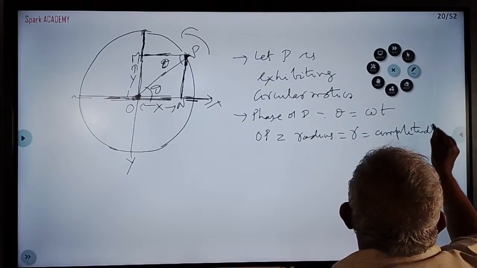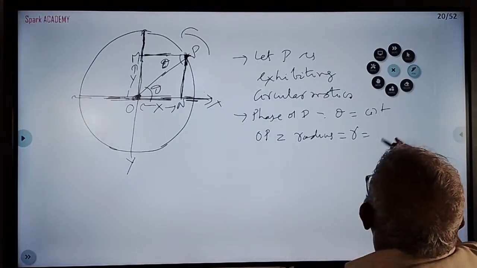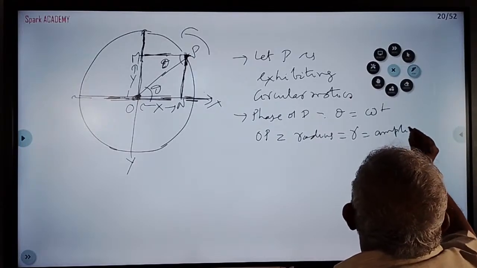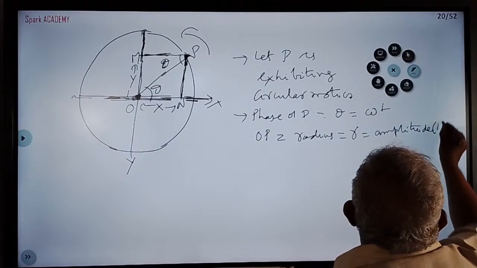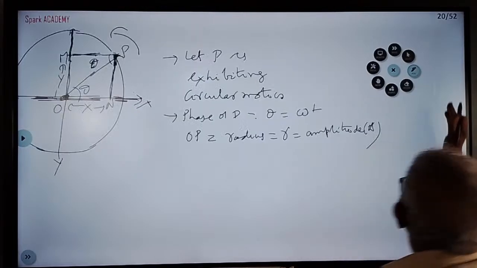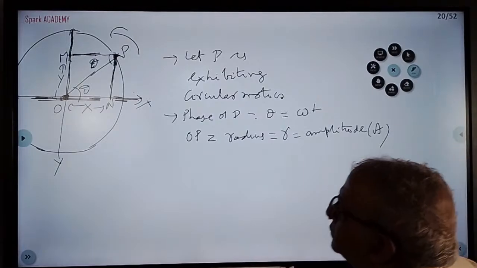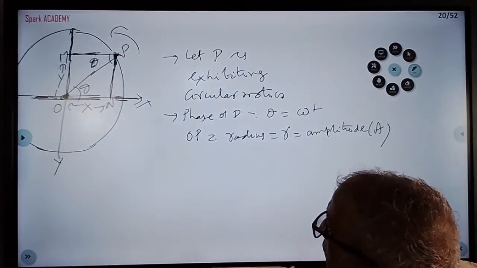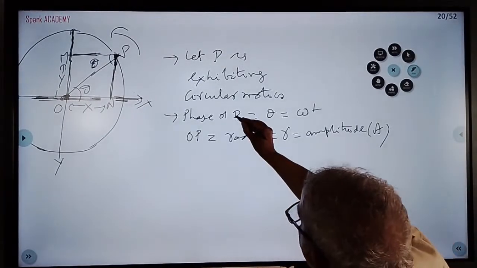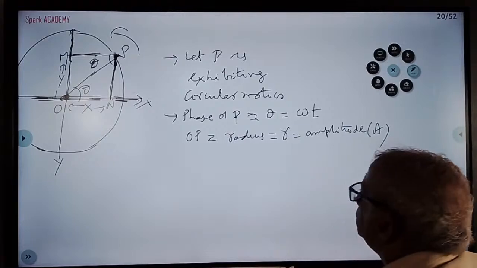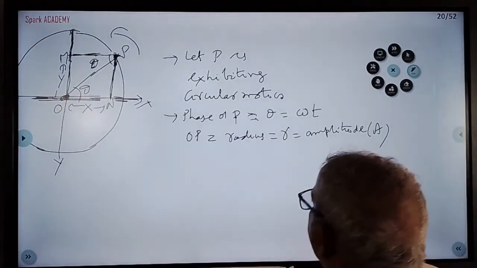Amplitude means maximum displacement. Now the phase of P, phase means angle, theta equals omega t. T is time, and omega is angular velocity.